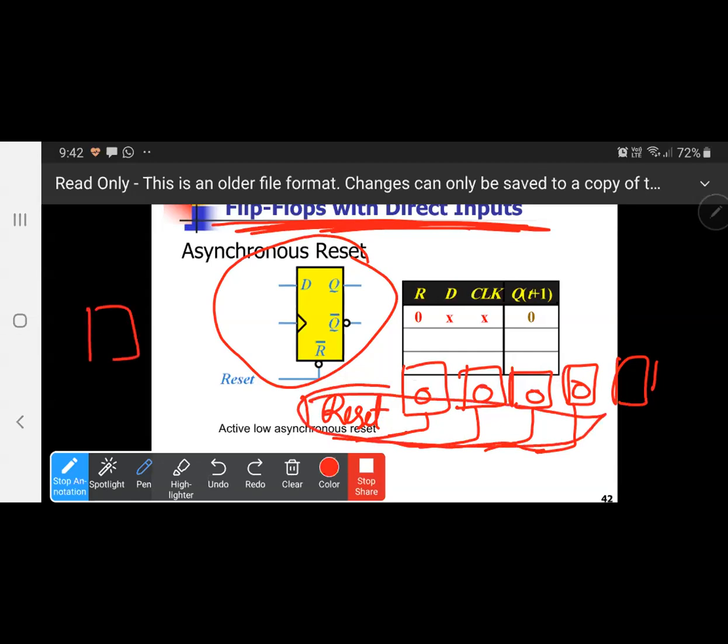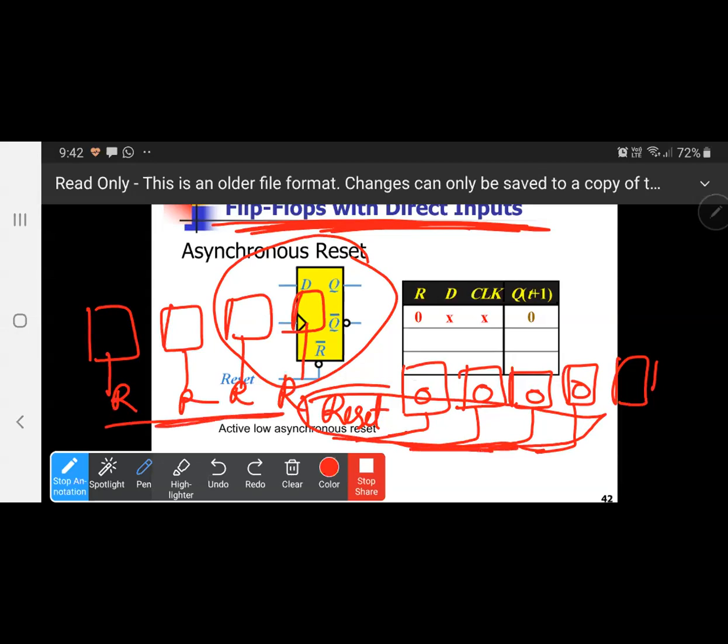But if I have 4 flip-flops and I reset everyone individually, reset, reset, reset, reset, it will take time. Which one will be good, the first circuit or the second circuit? Which one will give you the fast result?